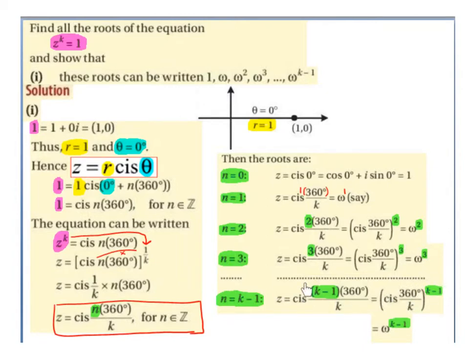So again, using de Moivre's theorem in reverse. And again, since we stated cis 360 degrees over k to be equal to w, then (cis 360 degrees over k) to the power of k minus 1 gives us w to the power of k minus 1. So we've shown that the roots can be written as 1, w, w squared, w cubed, ..., w to the power of k minus 1.